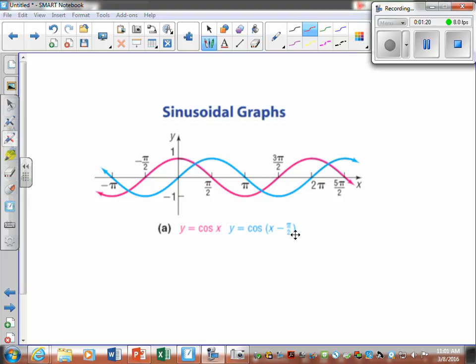Pick up and drop it, and that is basically the y equals sine x function. Okay, that's why we call these sinusoidal graphs. And we'll look at that a little bit more. So both of them have that nature, sine and cosine.